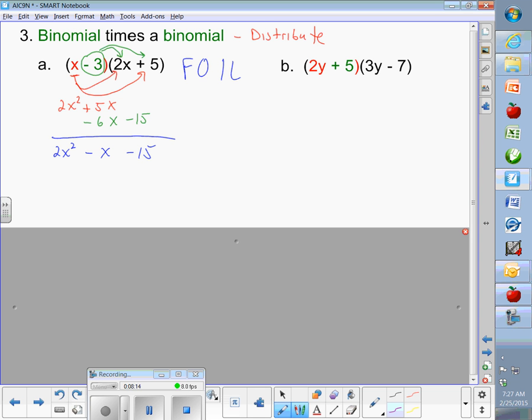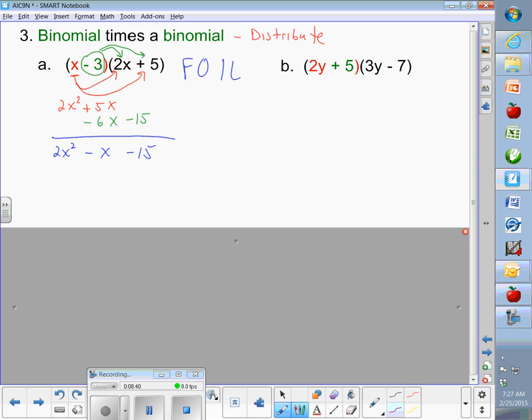Now, I don't teach FOIL because I teach you how to distribute. If you know how to distribute, you can multiply any polynomial times any polynomial. But if you learn FOIL, you can only do a binomial times a binomial. So I want you to learn how to multiply any polynomial times any polynomial, and therefore, I don't teach FOIL. But I am going to mention it to you so you are aware.